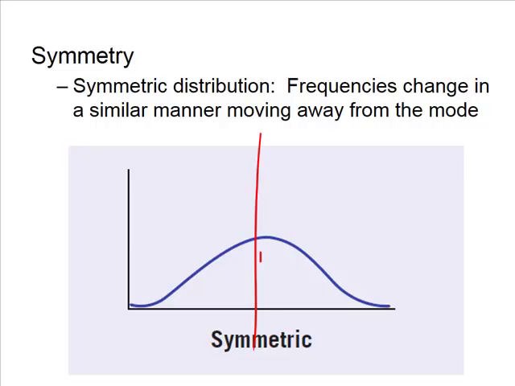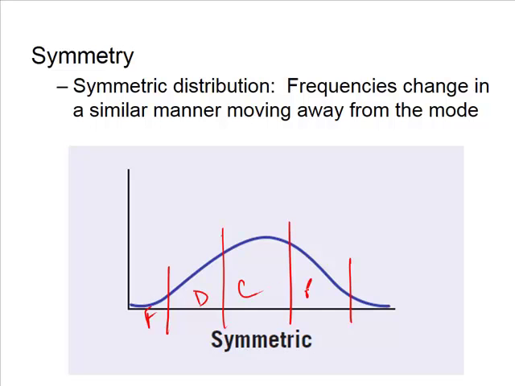So back to the idea of grading curves. If something is symmetric, let's see if I do this right. I'm off a little bit, but F, D, C, B, A. If my grade distribution is symmetric, I should have similar numbers of A's and F's.